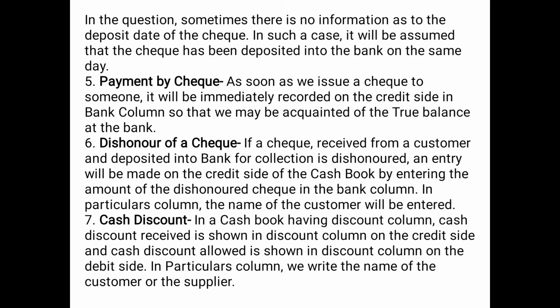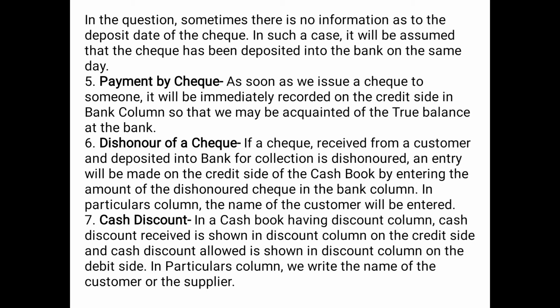So we will again show it on the opposite, that is on the credit side, because the check is being dishonored now, and we will write the name of the customer who is the giver of the check, and the amount will be written in the bank column, so as to reduce the balance of the bank which we had increased while depositing the check, on the assumption that the check will be cleared and payment will be deposited in our bank account.